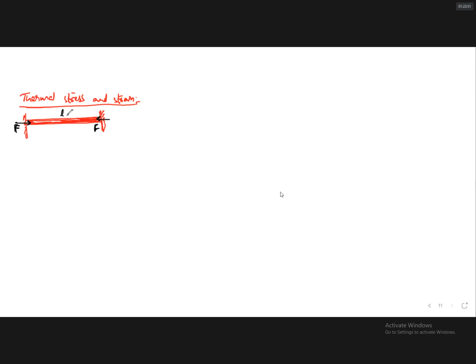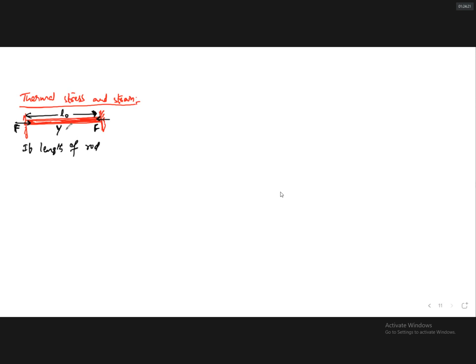If L0 is the original length of the rod, we can calculate the thermal stress developed in the rod. Here, the length of the rod remains constant.